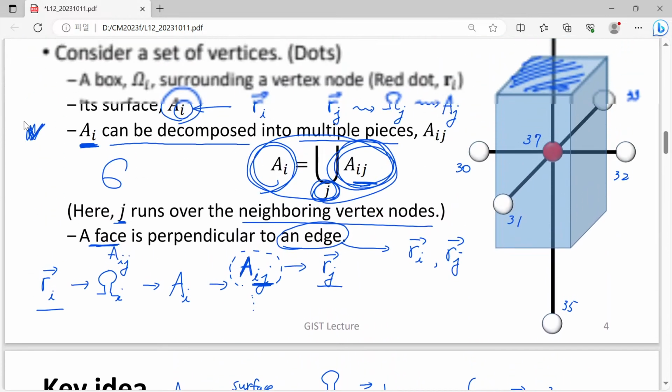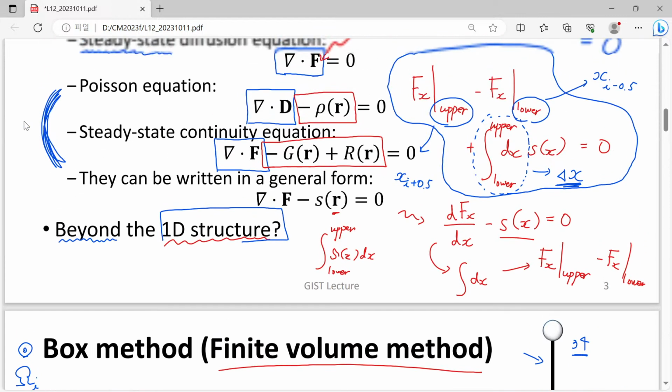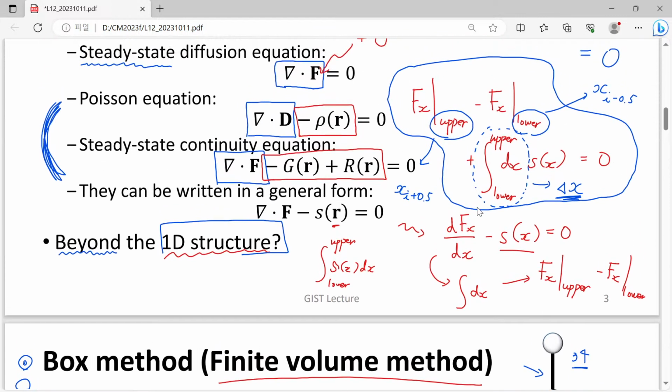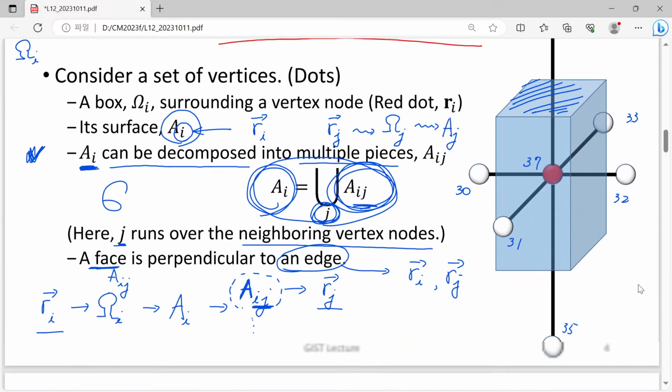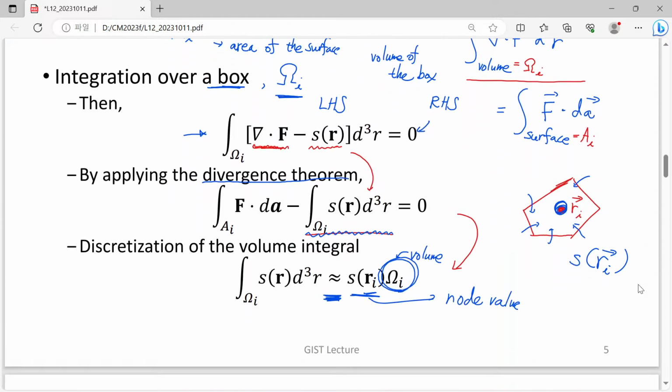The integral of a first order derivative can be written as just the difference of two boundary values. That is generalized using the divergence theorem.